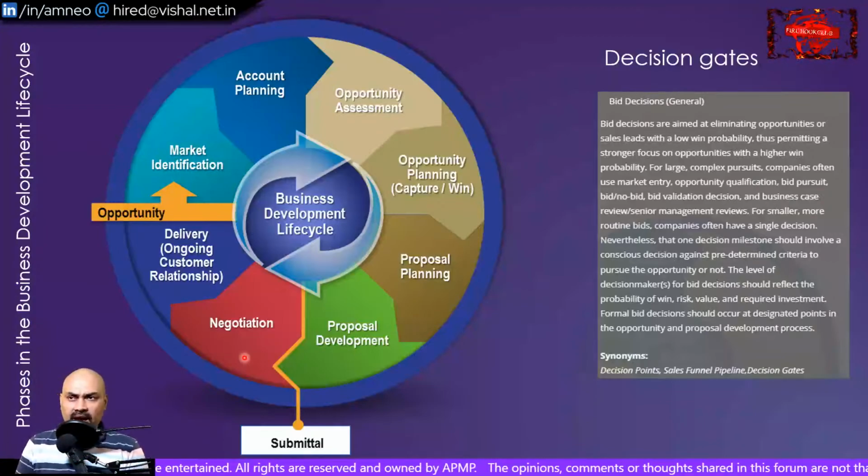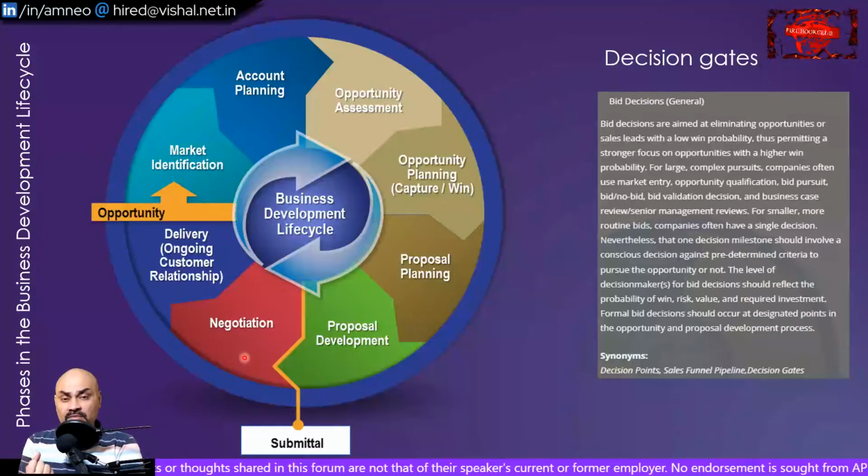At times in the industry, it is also called front-end development. So they do a complete bid analysis, they do a complete design for you, and especially in the construction industry, they give you the BOQ and what the client is looking for, and the client then, on their own side, gives out a tender.